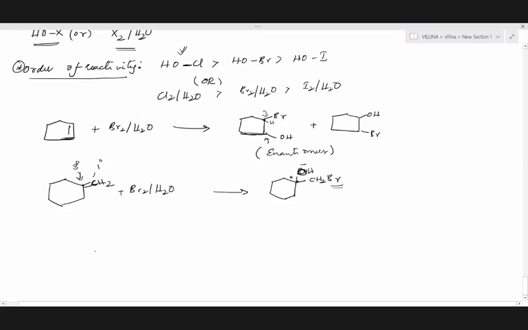To that you are adding a bromine, so we might end up having a chiral center, leading us to two possible products. So for cyclic compounds, an enantiomeric pair will be formed in the product mixture.